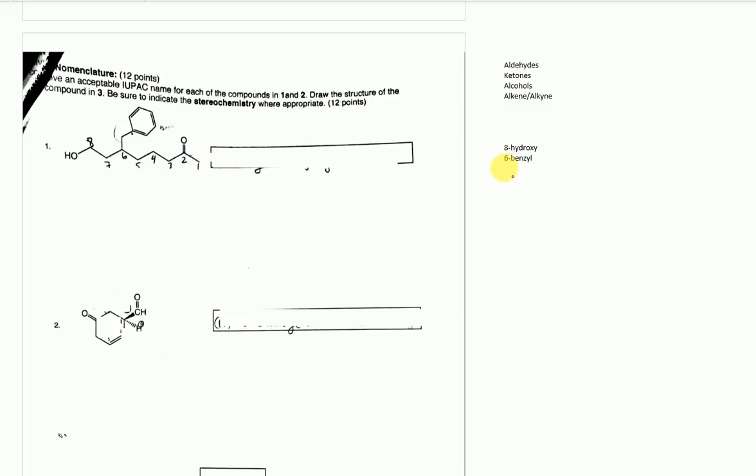Okay, so the full name of this molecule is going to be, if we label this correctly, so I have the 6 hydroxy, so I have 6 benzyl, 8 hydroxy, and then the parent chain, so there's 8, so that's octane, and so I replace the E with 1.